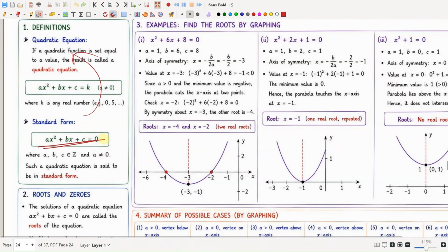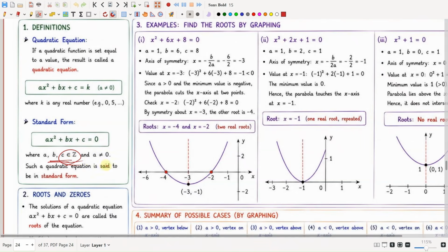The standard form of a quadratic equation is ax square plus bx plus c, where a, b, c all belong to the integer set and a is not equal to 0. Such a quadratic equation is said to be in standard form.